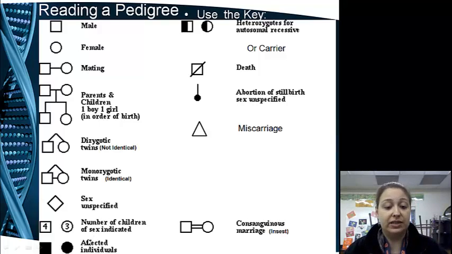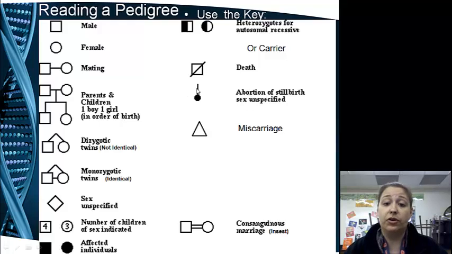Number of children. Affected individual would be solid colored. For carriers, you can show them half and half. You don't have to, but a lot of times you'll see half and half, which means a carrier. Now, that doesn't always mean that they show the disorder. That just means that they are carriers, or they're heterozygous for the disorder. A dash is death.